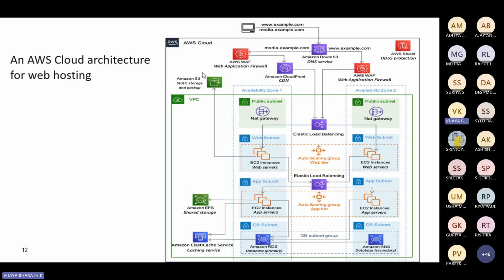Once you browse from your computer at the top, you have example.com and media.example.com. These two websites are the entry points configured through Route 53, the DNS service. Once you type that, it will reach AWS Route 53 and get resolved, and then it will move via CloudFront. From CloudFront, these services will be served to the customer.